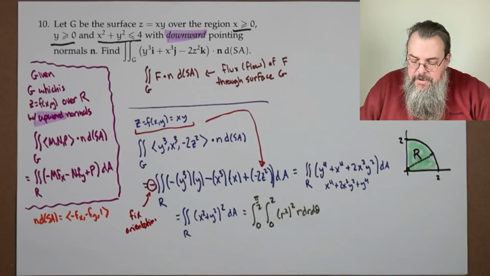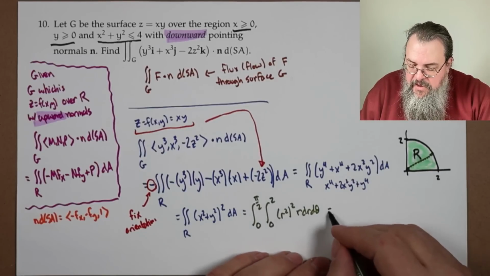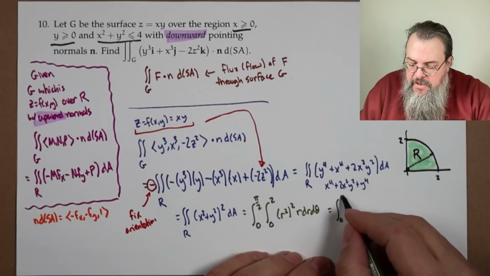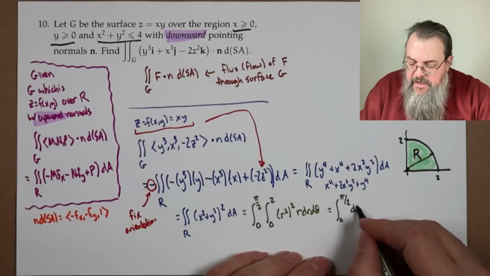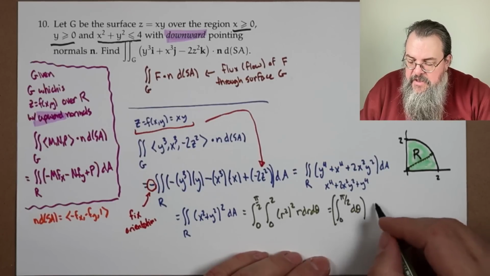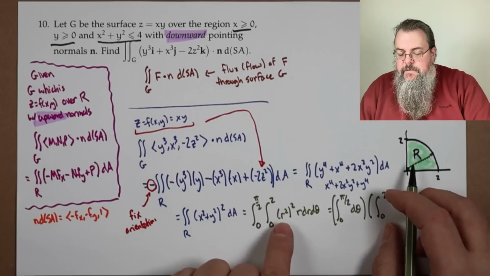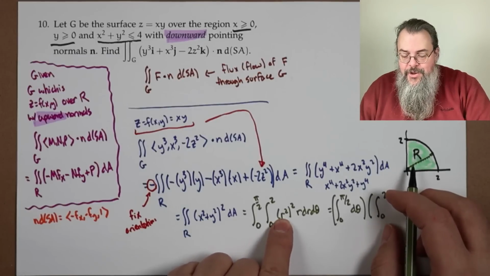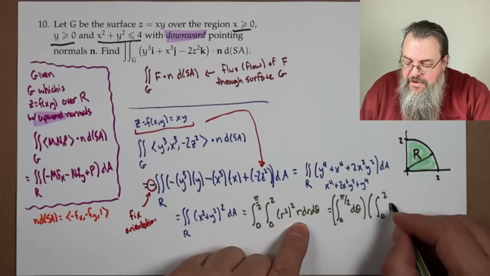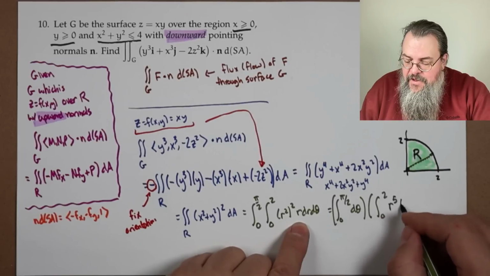Okay, well, we can split that up into two pieces, namely the integral of the theta part, 0 to pi halves d theta, and the integral of the r part, integral 0 to 2 of r squared, squared, which is r to the 4th times r makes r to the 5th.